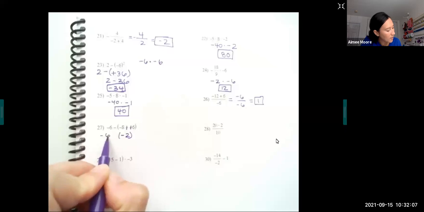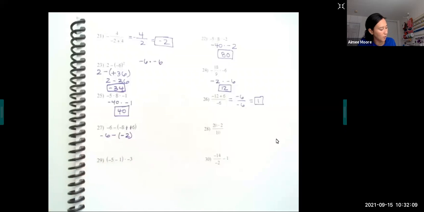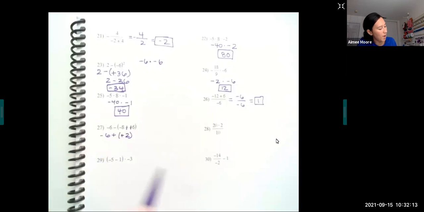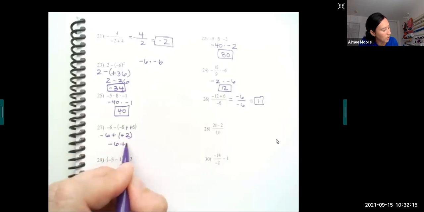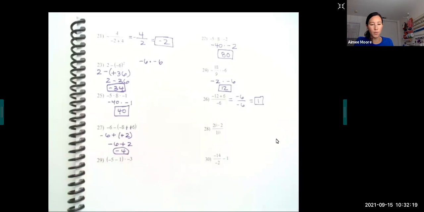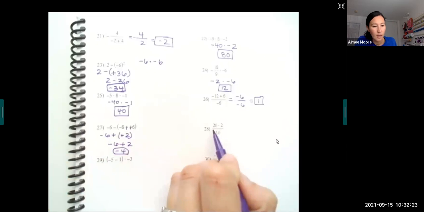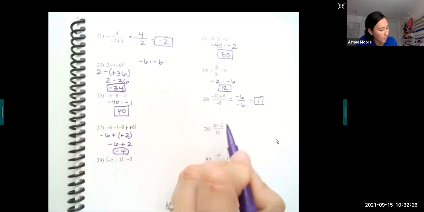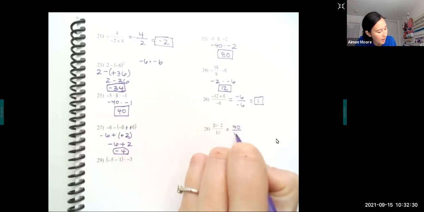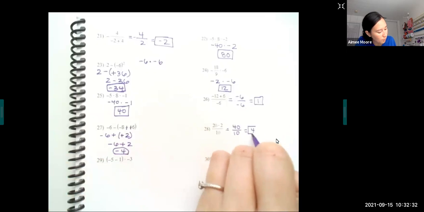So we have -6 minus -2. So we have a minus and negative again. So those become positive. So -6 plus 2, they battle it out, and -4 wins. And for 28, we would do 20 times 2, which is 40, divided by 10, which is 4.